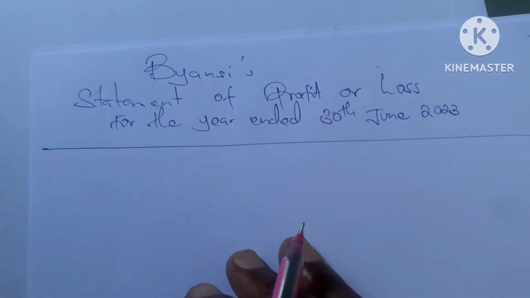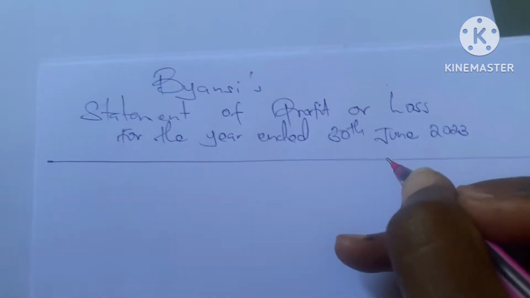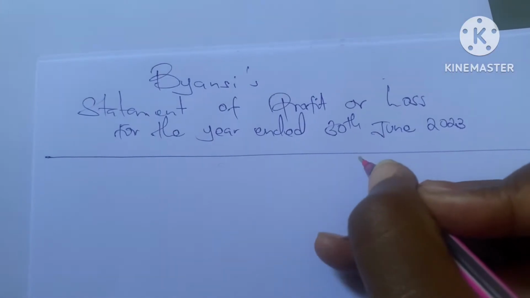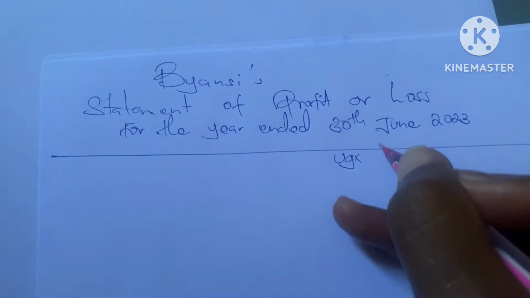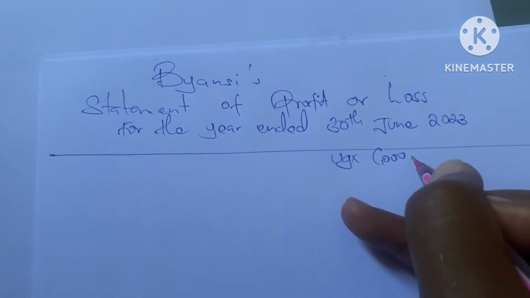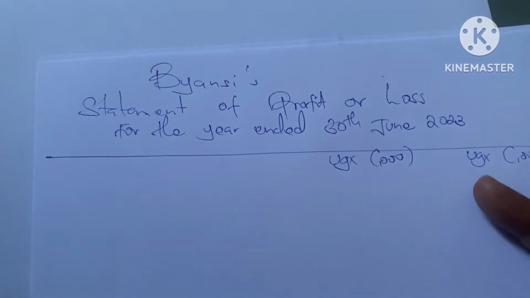That is it. So in the income statement, we are going to have 2 columns: UGX, 3 zeros, then UGX, 3 zeros.